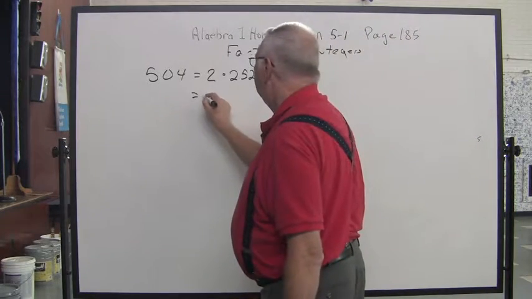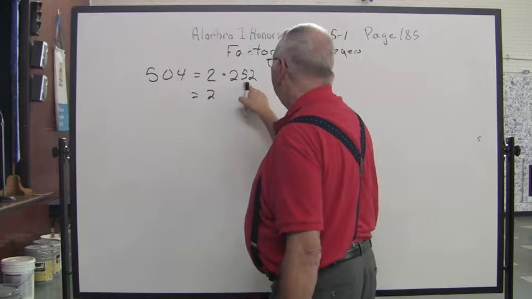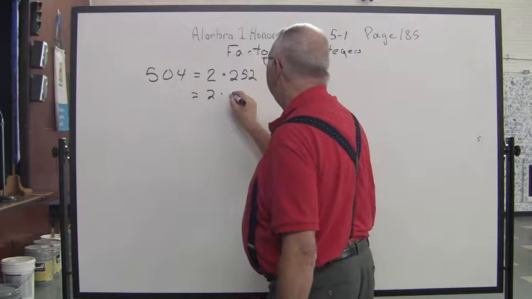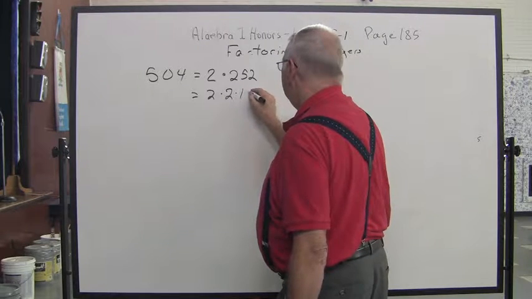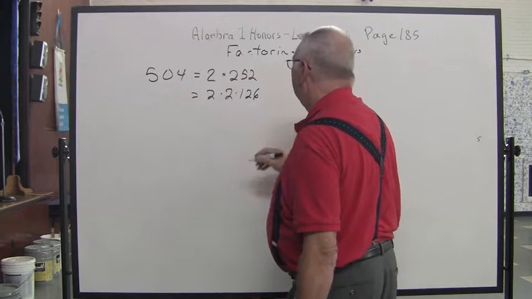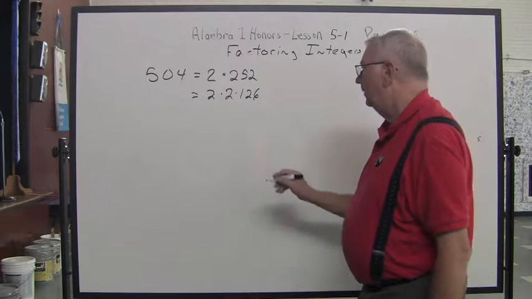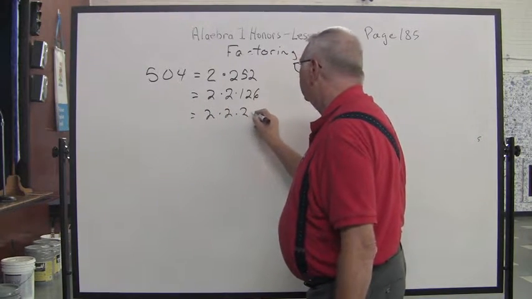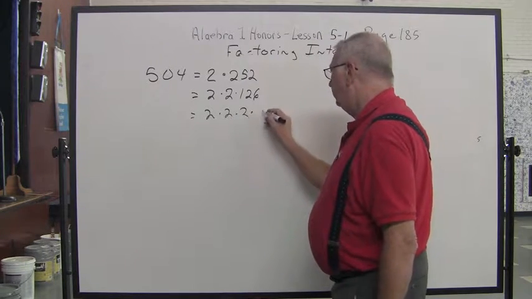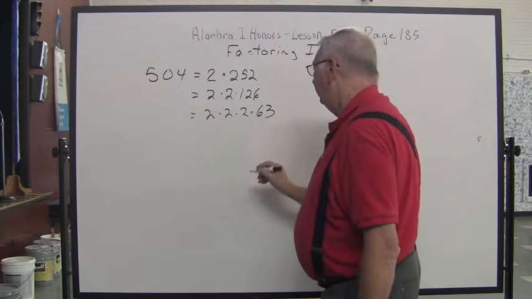And now we're going to be decomposing, or factoring, that 252. 2 goes into 252, 126. And now we take that 126, and that's going to be 63.